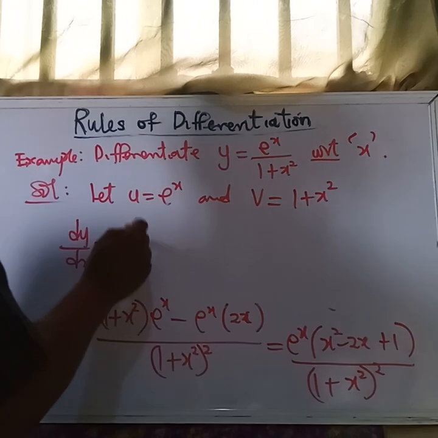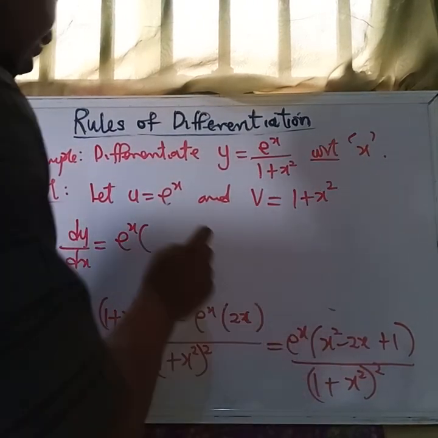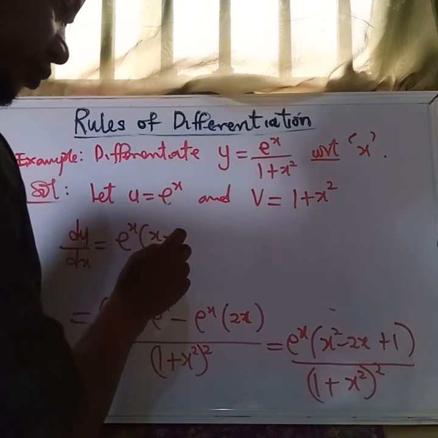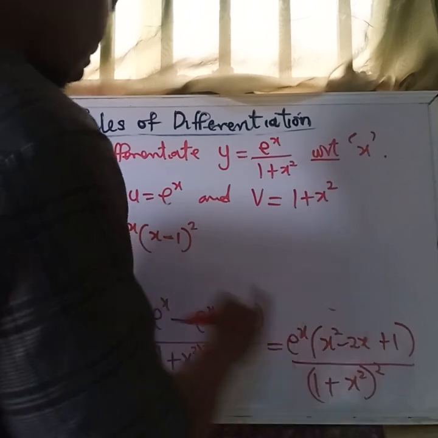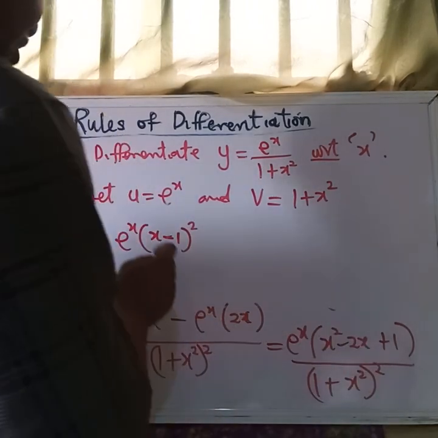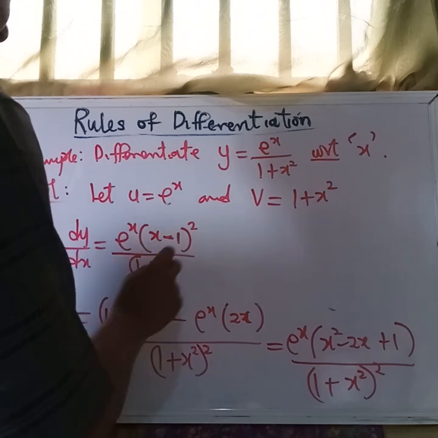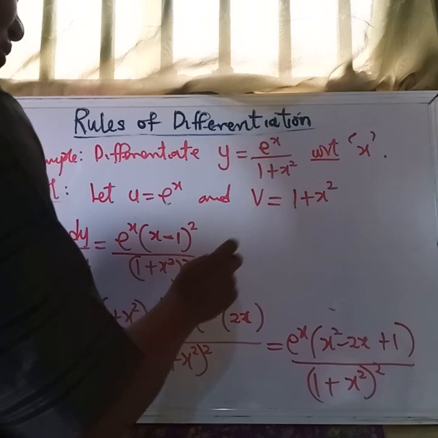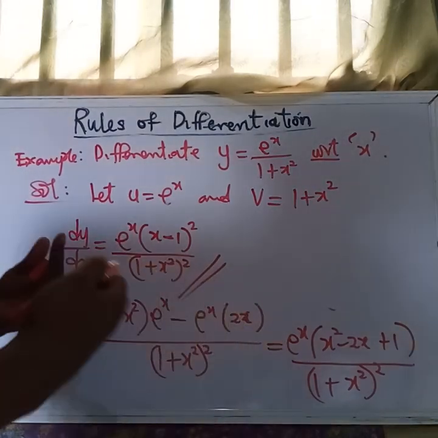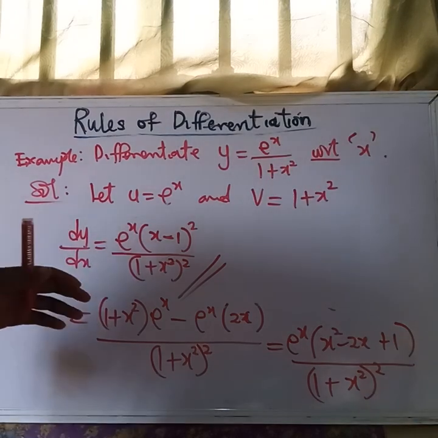So this means exponential x into x minus 1 squared, and when we expand this, we get what we have here. Everything here is over 1 plus x squared, squared. We are just trying to put this in a compact form. So this is the slope of this function.